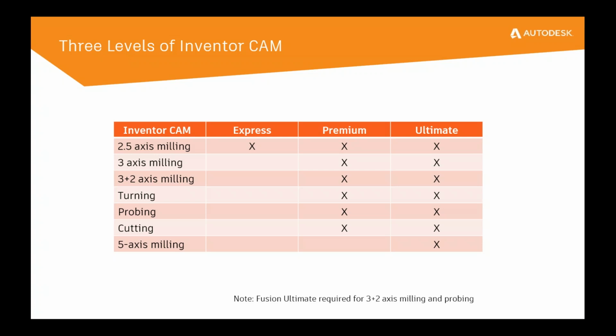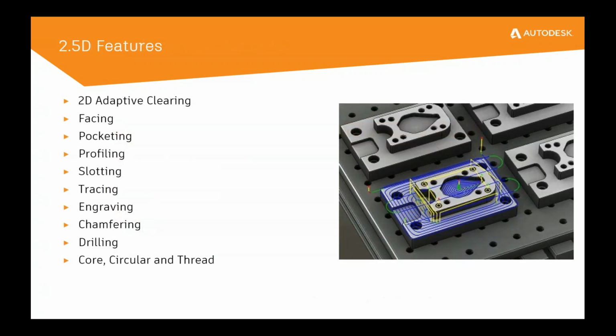Now, as far as what's included in each level, 2.5-axis: 2D adaptive clearing, pocket milling, facing, profiling, slotting, tracing, engraving, chamfering, drilling, core threading, circular and thread milling, which handles just about everything but what I call the wave contours, where you have like an ocean wave and you're machining up and down, left and right in all different directions at the same time.